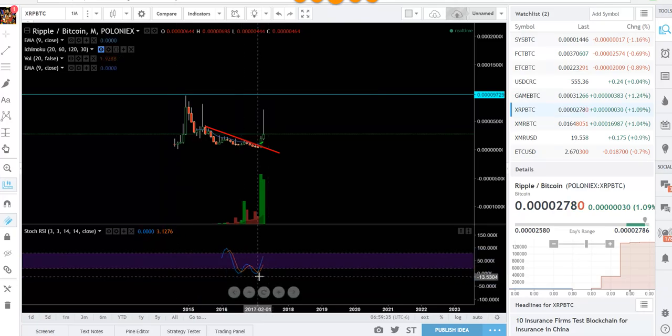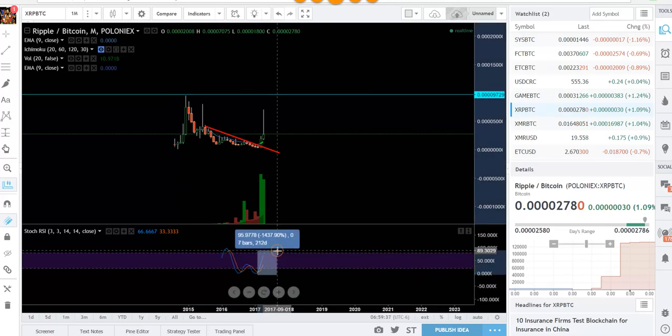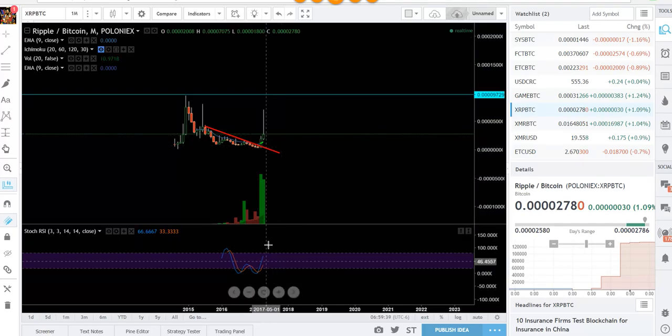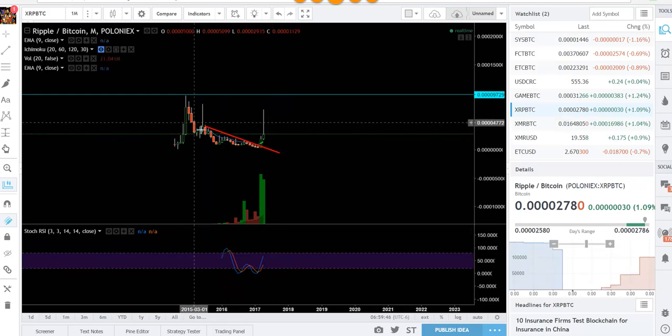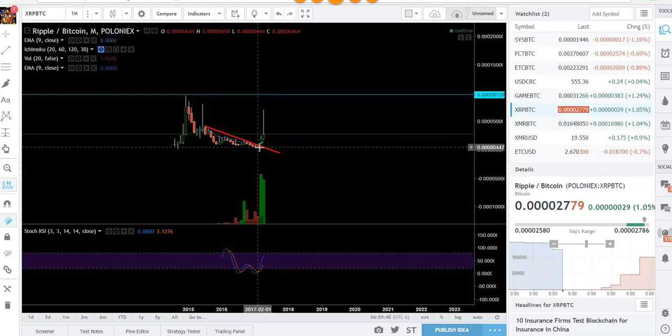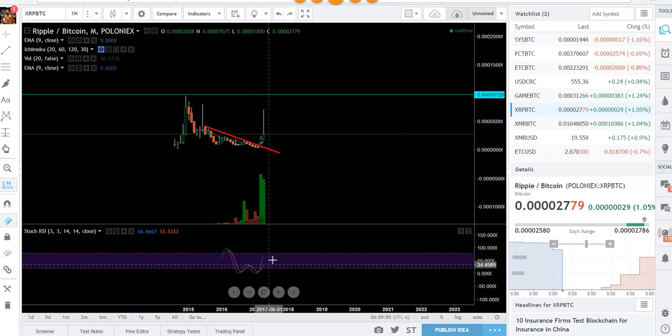So we could very well get a couple months out of this move of just increasing strength, the strength in the market getting behind it. It went through its whole time where the market was weak. It broke out. So now it's time for the market to grow in strength.